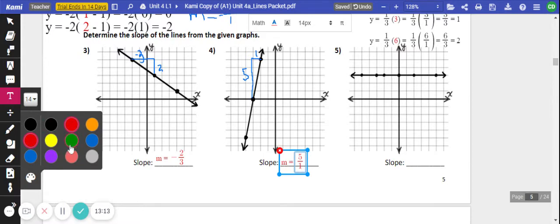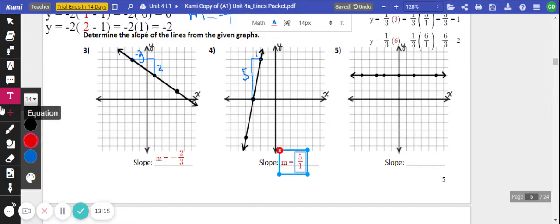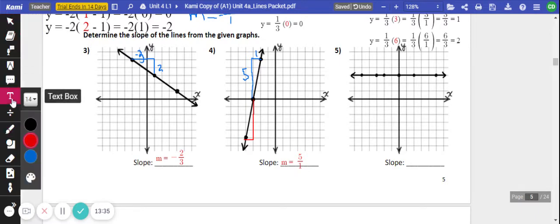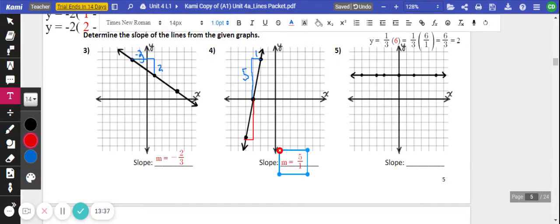Now, if I had created my slope triangle on the other side, I would have been going down and to the left. So let's see what happens when I do that. So down and to the left, let me change my colors here to match what I'm doing. So this one was the blue one.